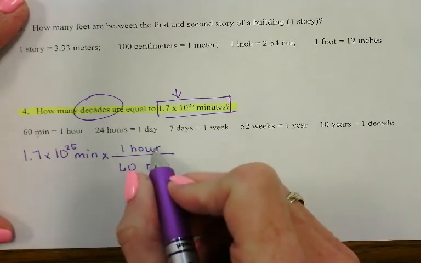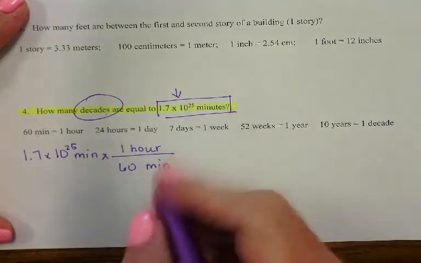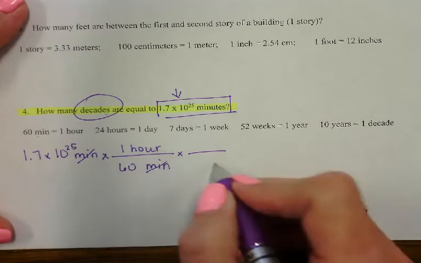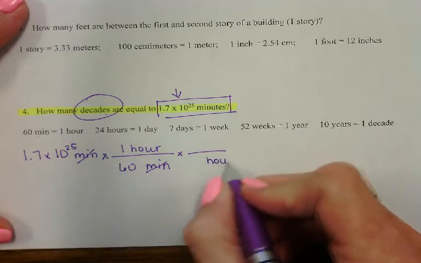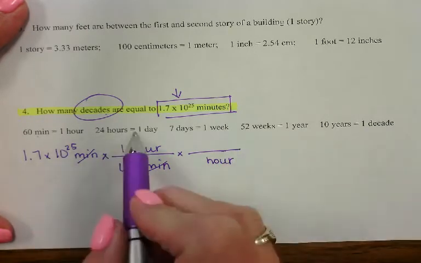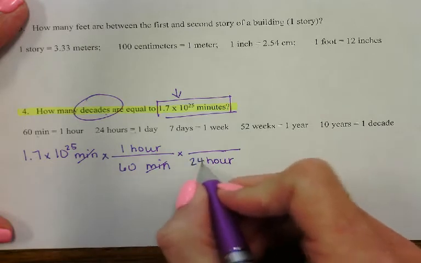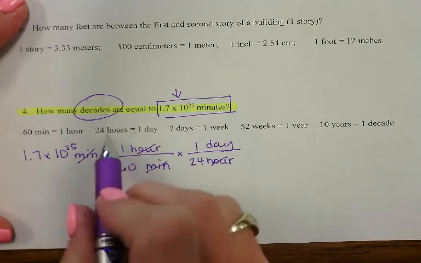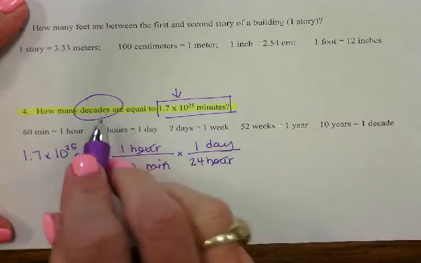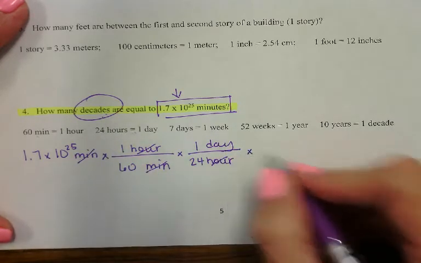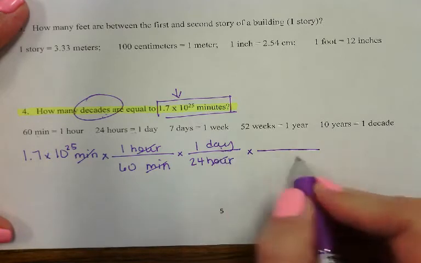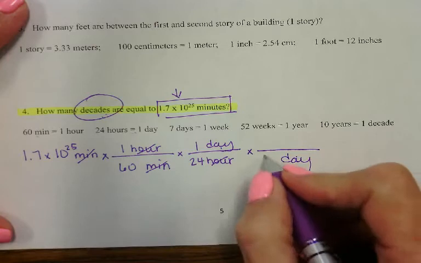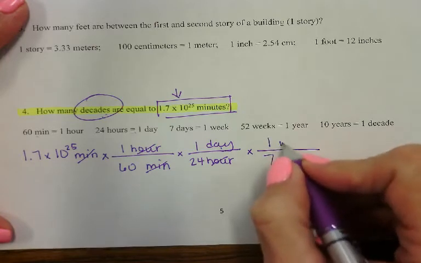Okay, did I want hours? Nope, I wanted decades, so I got to keep going. Another conversion factor. Just go down the hours. Okay, then I go, okay, 24 hours in 1 day. Use that. Did I want days? Nope, wanted decades. I'm getting closer though. Just go down the days. And see, there are 7 days in 1 week.